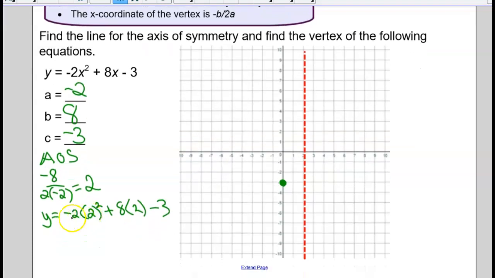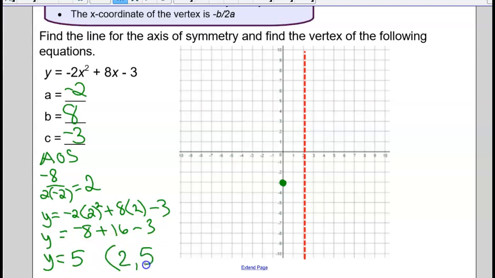Well, 2 squared is 4. -2 times 4 is -8, plus 16, minus 3. -8 and 16 is 8. 8 minus 3 is equal to 5. So my vertex is at the point 2, 5. Here is my vertex.